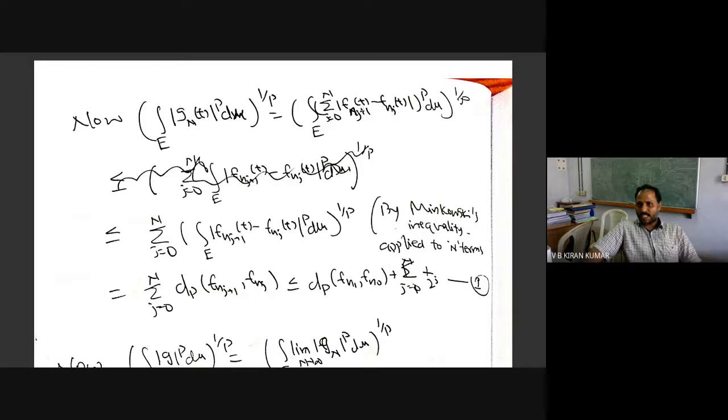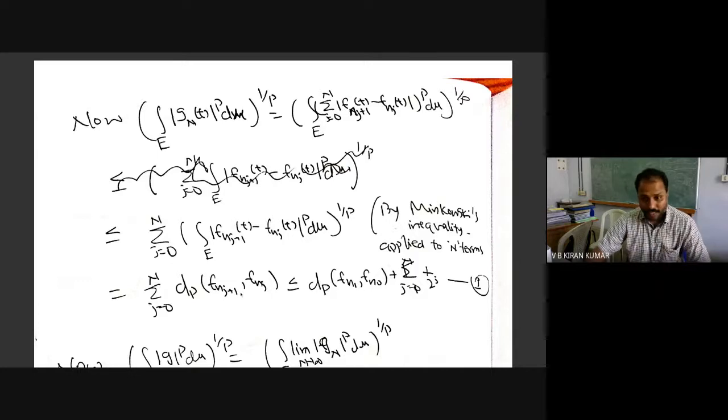Now we have a finite sum inside, and you can apply Minkowski's inequality for these n terms, just repeatedly applying Minkowski's inequality. So you can take the sum outside with an inequality, and this is actually d_p(f_n_{j+1}, f_n_j).